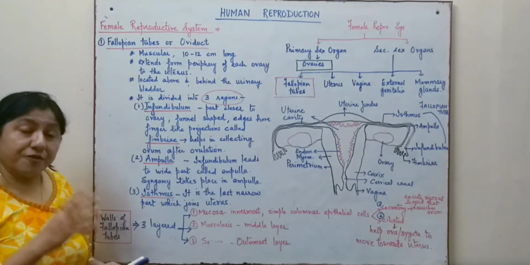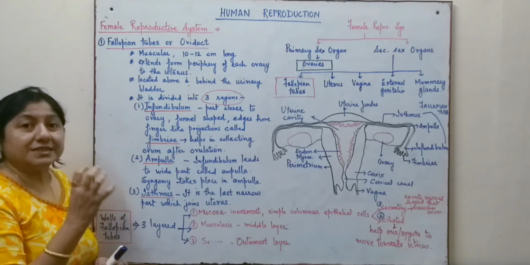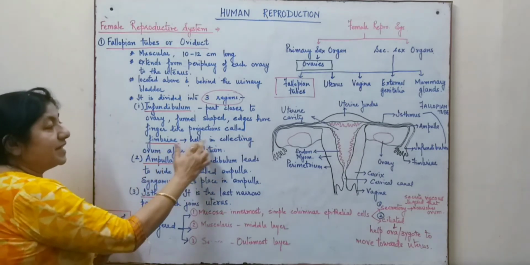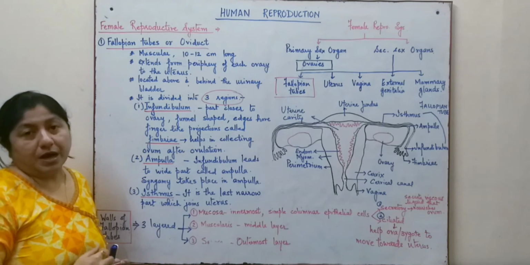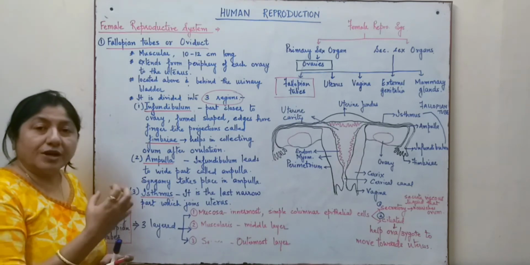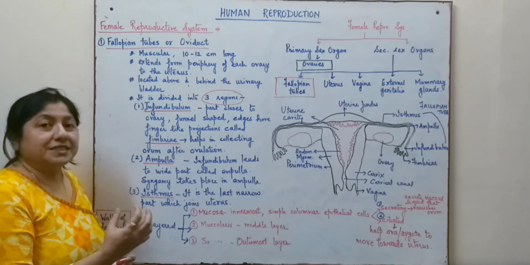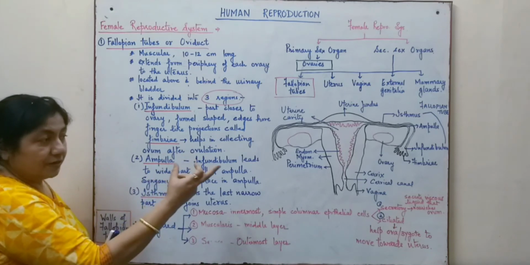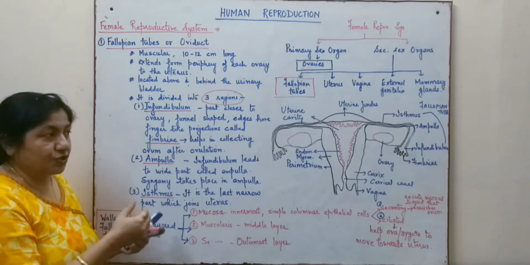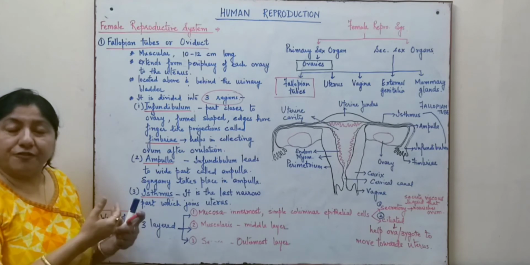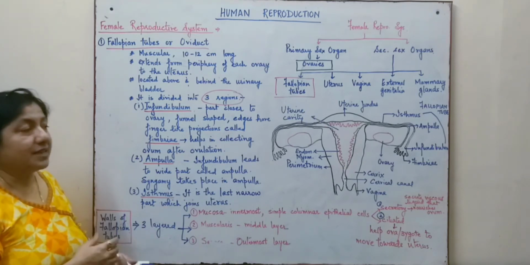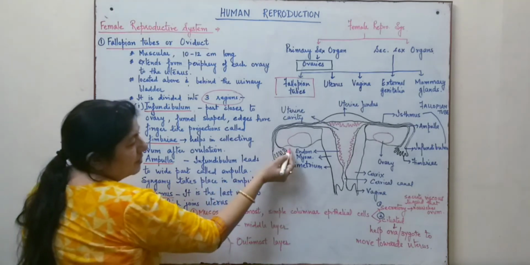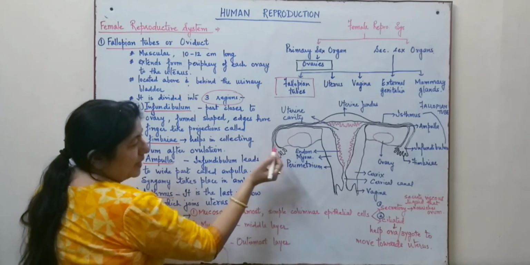The fimbriae help in collecting the ovum after ovulation. Once the ovum is released, it is taken up by the fimbriae and taken to the funnel-shaped infundibulum.